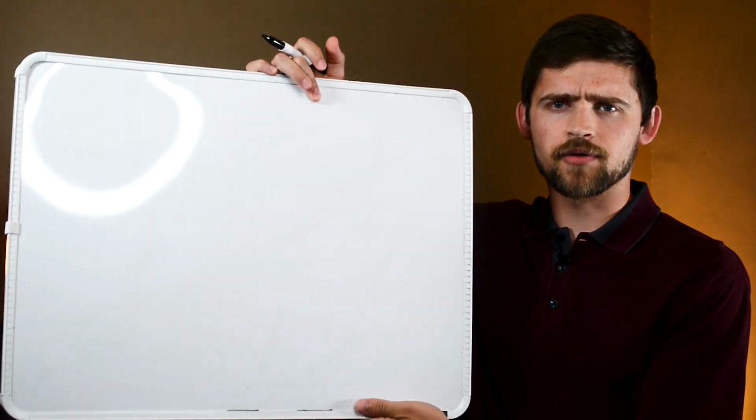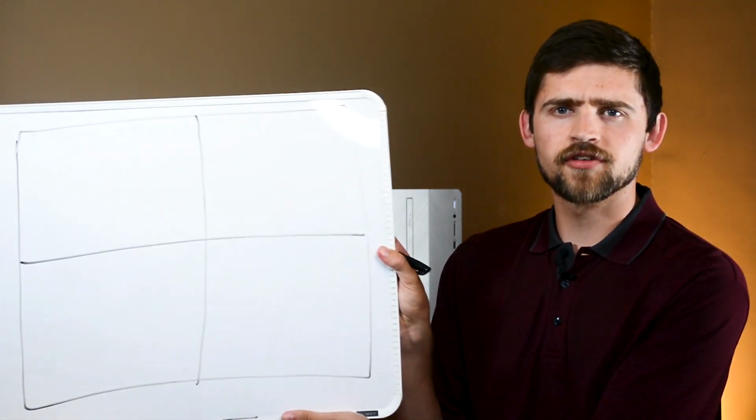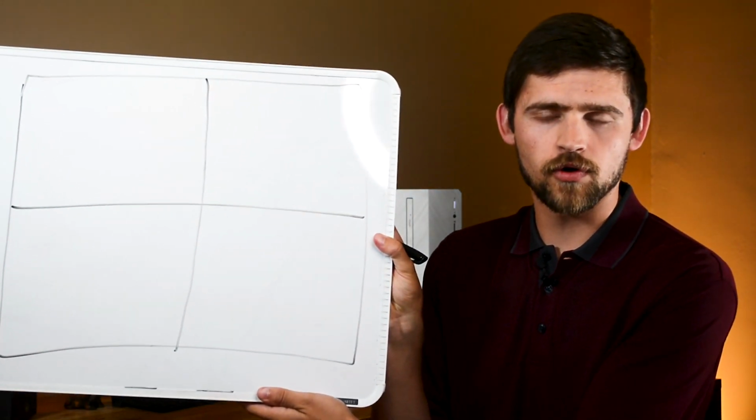whiteboard here. Okay, we have this whiteboard, and what I'm going to do is I'm going to draw a big box around this, and I'm going to split it into four different quadrants, if you will, four quadrants.